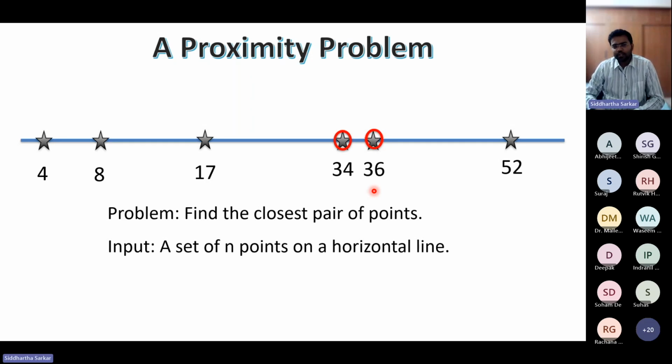So can you tell me, in terms of n, how many comparisons will be required to find the closest pair of points when you are given a set of n points? n into n minus 1. Who is that? Ritvik.